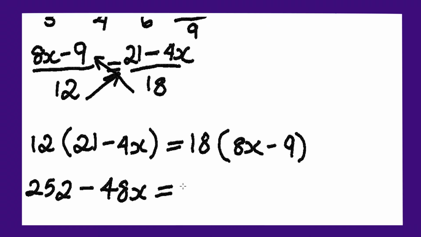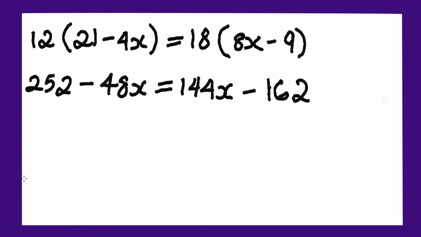It's 144x. And then 18 multiplied by negative 9 gives us negative 162. You're encouraged to use your calculator as well, Erin. Yes, that makes this a lot easier. Okay.